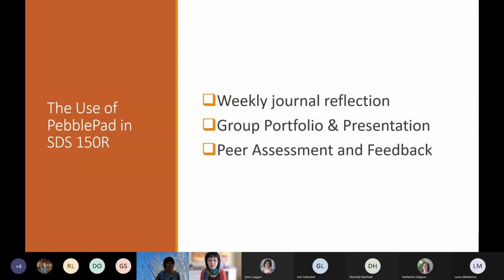And then the peer assessment and feedback, with qualitative and quantitative feedback to their fellow students for their group presentation, really enhanced the students' evaluation skills and generated such a great report for the presenters. And we just feel it's a great way to do that.